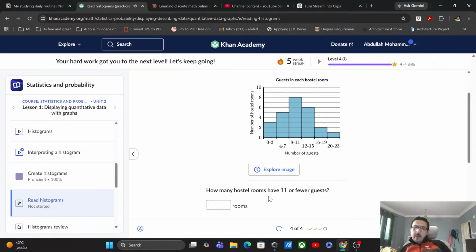Okay, how many hostel rooms have 11 or fewer guests? So 11. From here I got 8, 5 plus 13, I got 3, 16. 16, I said, not 15.